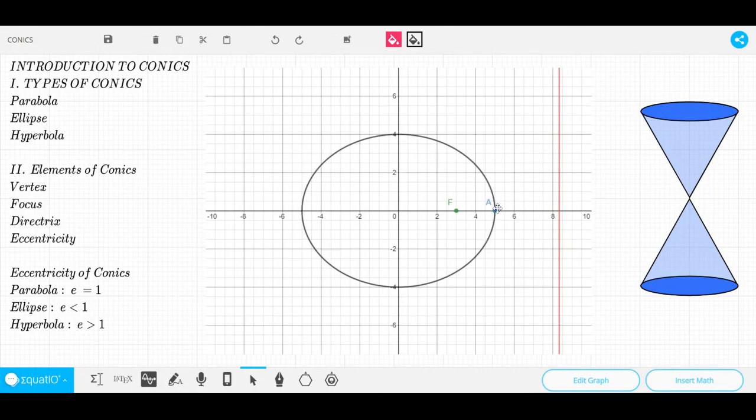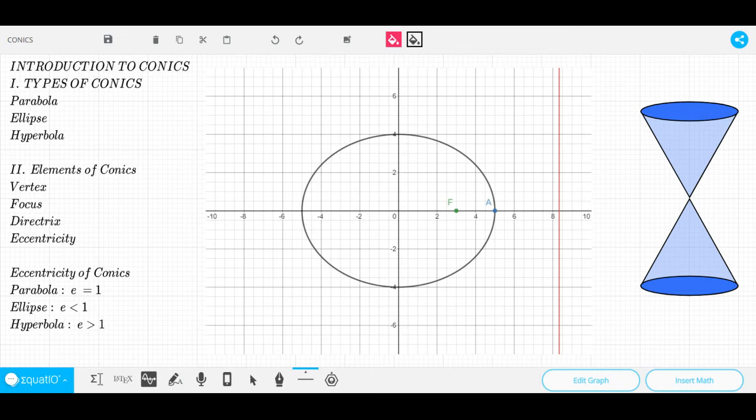Point A is a point on the ellipse. I'll suppose that it's a point just like any other point, regardless of the fact that it's a specific point, that it's a vertex of the ellipse, and I'll prove that the eccentricity of an ellipse is less than 1.